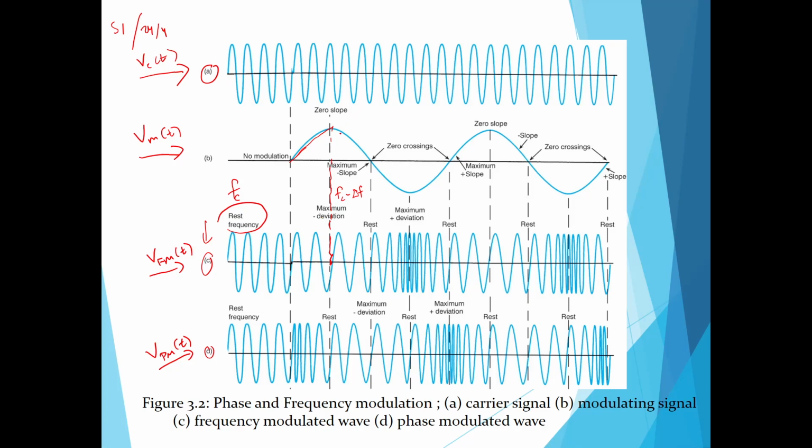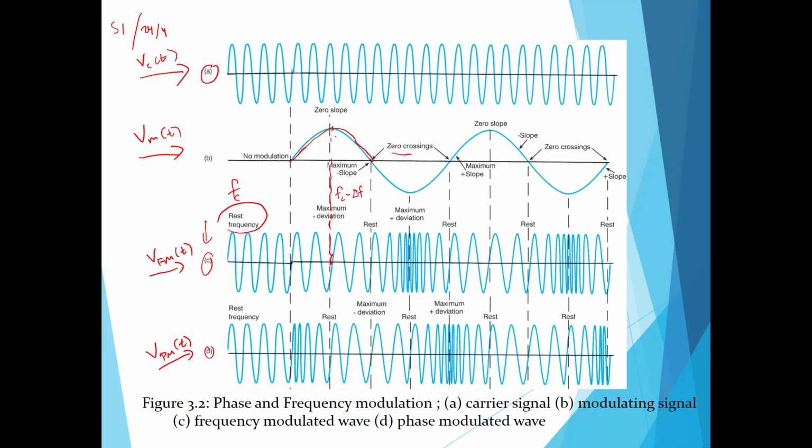And then the modulating signal moves from positive through the x-axis, which is what we call a zero crossing. Zero crossing means the wave moves either from positive to negative polarity or negative to positive polarity.